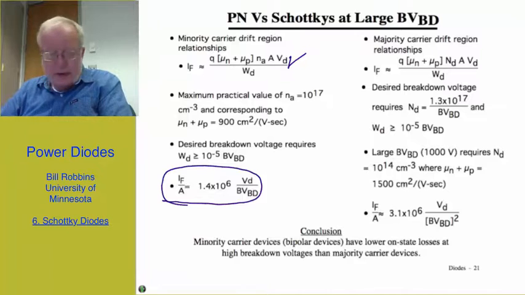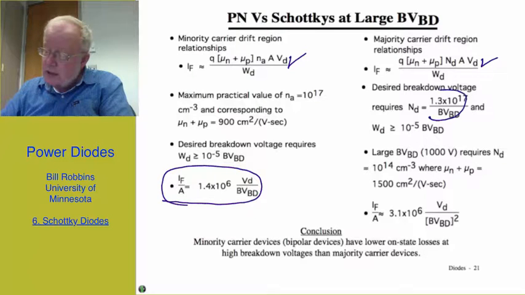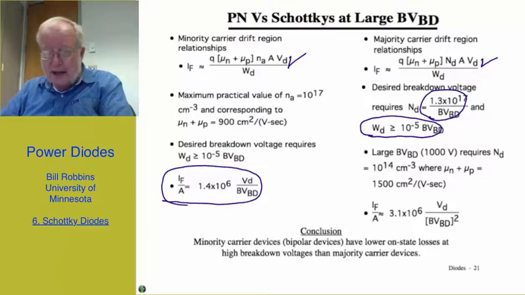If I go to a majority carrier device like a Schottky diode, here is the equation for the forward current. The breakdown voltage requirement says that the doping density is given by this equation. We know that the width of the depletion region, or the drift region, has to be given by that.